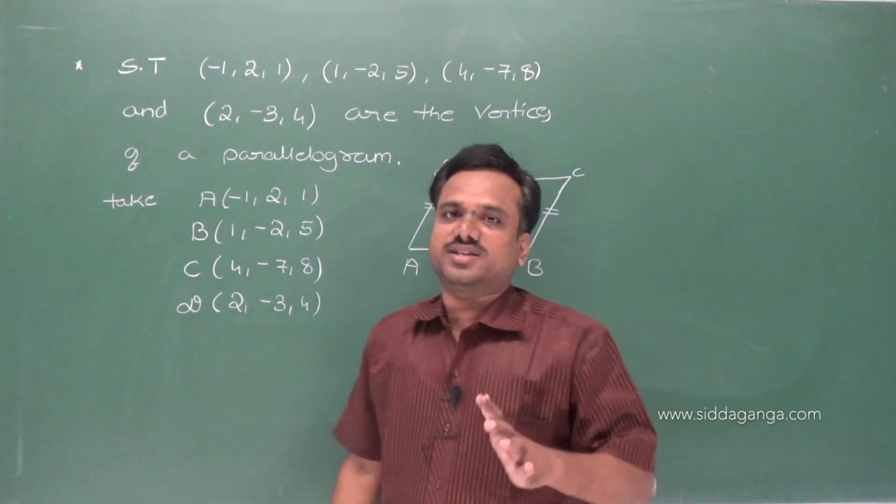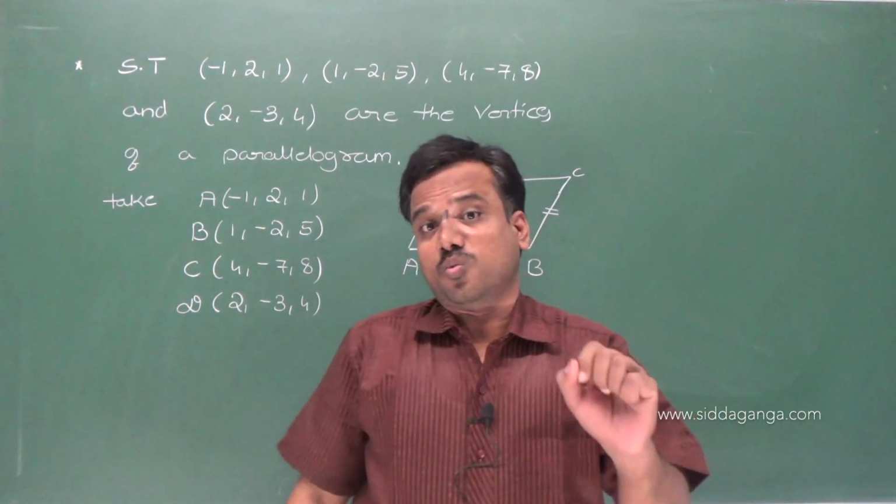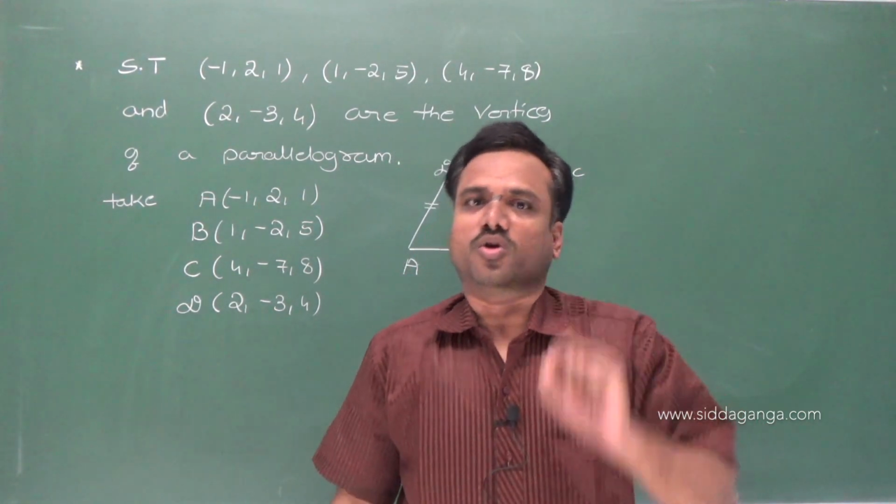If this condition satisfies, A, B, C and D are the vertices of a parallelogram.